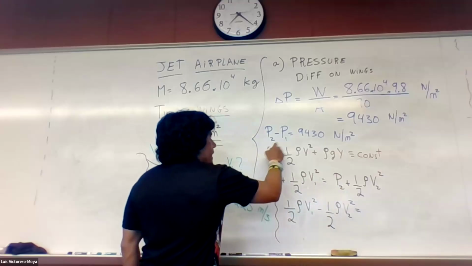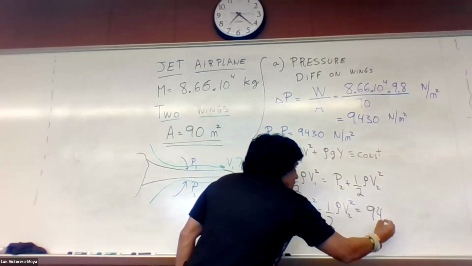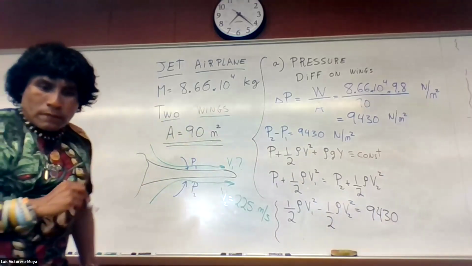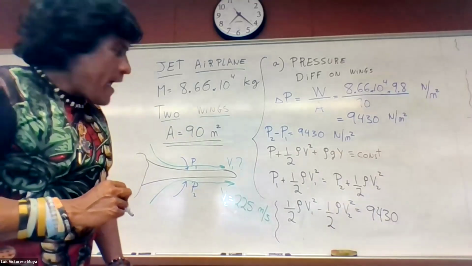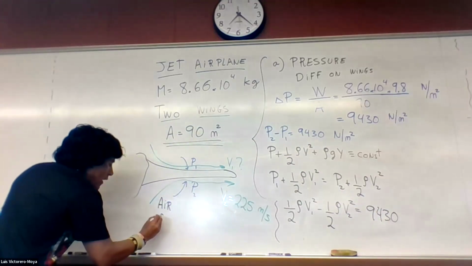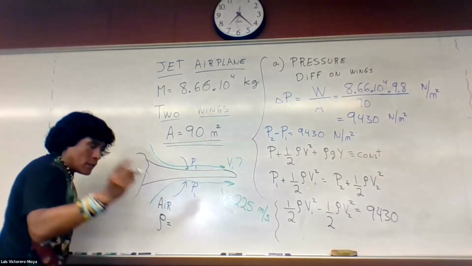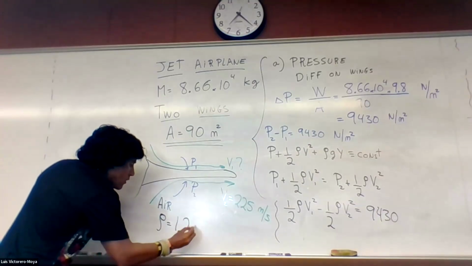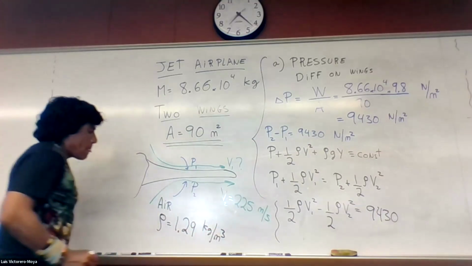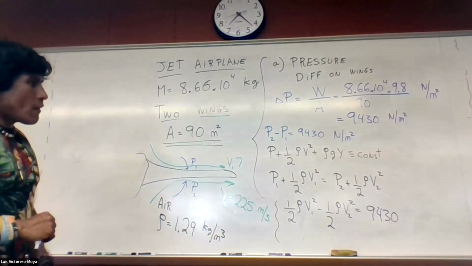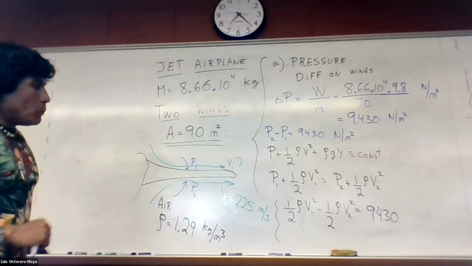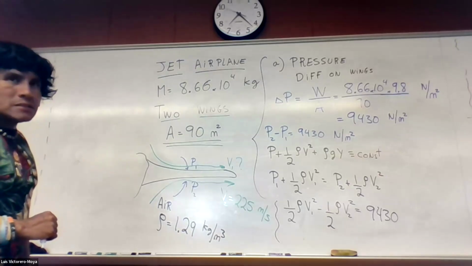But P2 minus P1 is this. And what's rho? Rho is air. The density of air from the table that you have in the slides is 1.29 kilogram per meter cube. So air acts like a fluid. I have rho, I have V2, I can compute the value of V1.